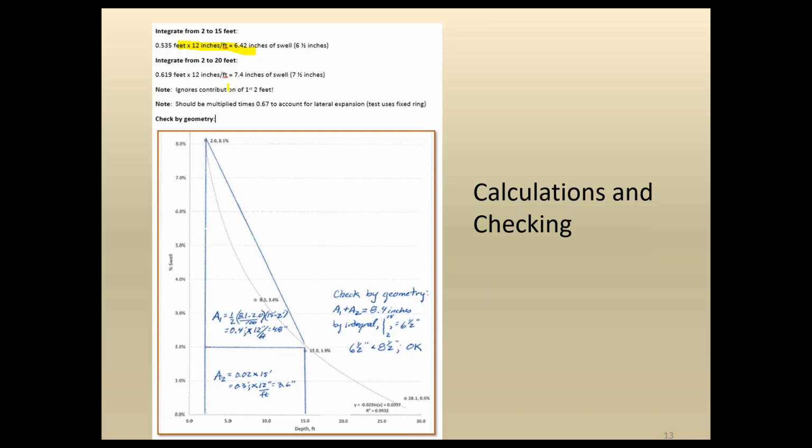And as most folks know, those 2 feet can actually contribute considerably to the total swell amount. Then one thing we do as well is to multiply those values, the 6.5 inches and the 7.5 inches, by 0.67, which is just reducing that by about 1/3 to account for the lateral expansion.